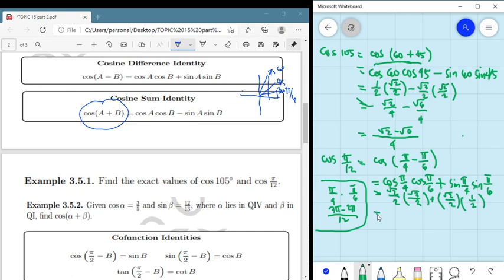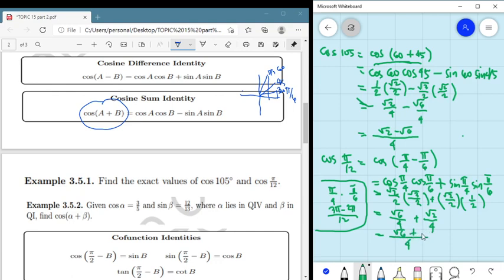Simplifying, it should be square root of 6 over 4 plus square root of 2 over 4. Since they have the same denominators, we copy the 4, and the numerators are also copied.